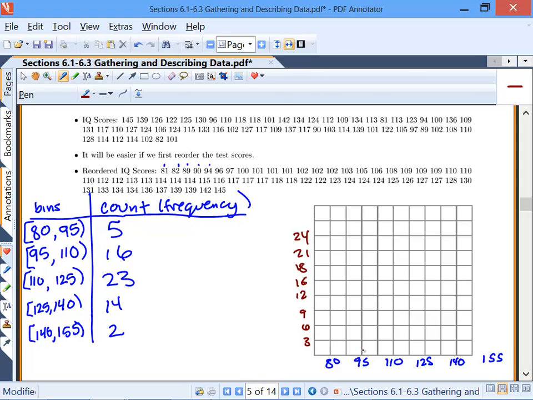So from 80 to 95, I have 5 people. So I draw my bar up to 5. Oh, sorry. It's from 80 to 95, goes up to 5. Then 95 to 110 goes all the way up to 16.